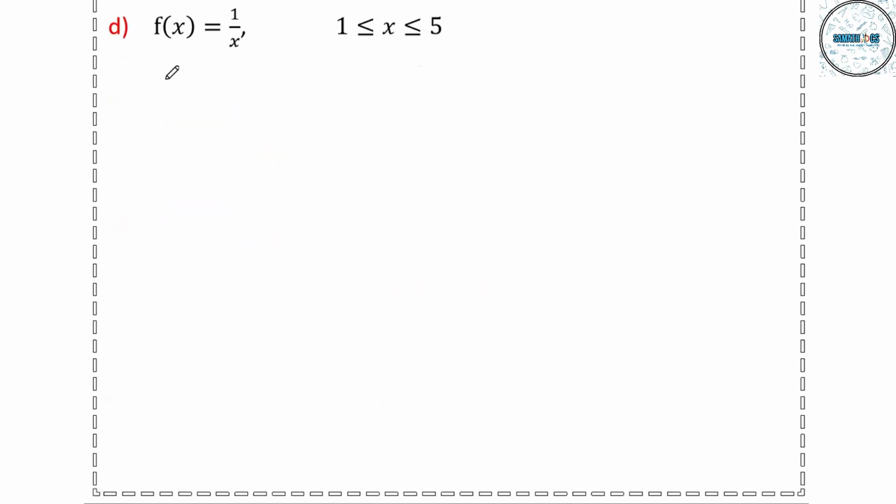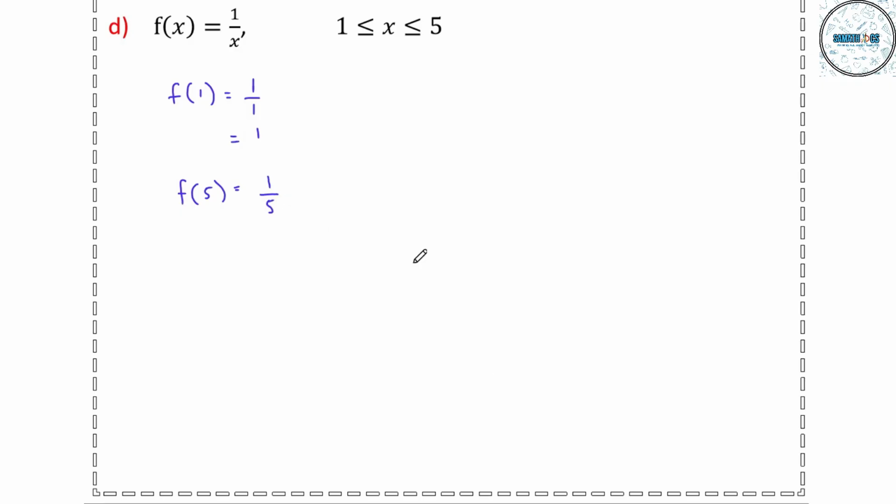Here, f of x is equal to 1 upon x. It is a reciprocal function. When we substitute 1 here, it is 1 upon 1, which is 1. For another value, we substitute 5 here, so it is 1 upon 5.